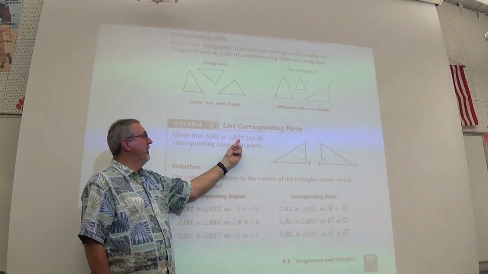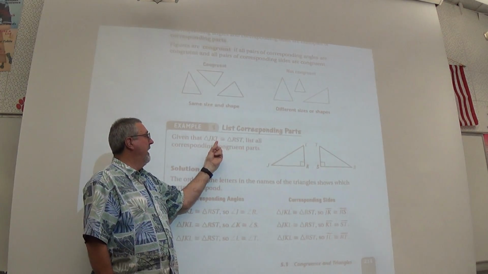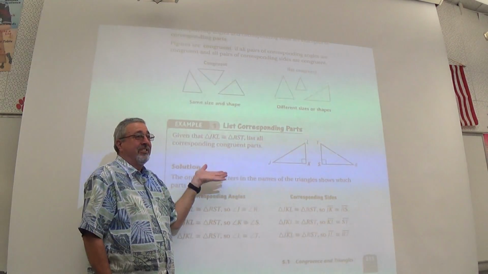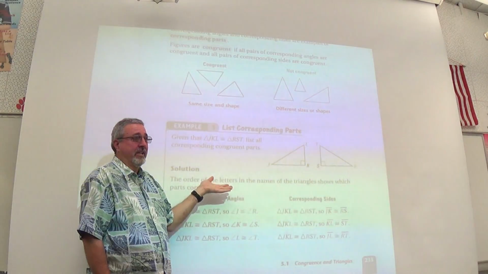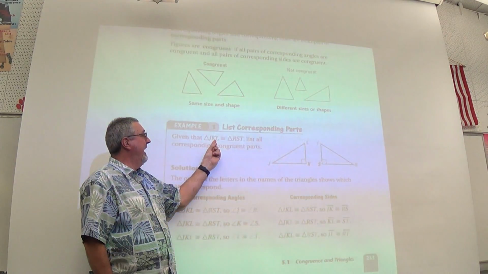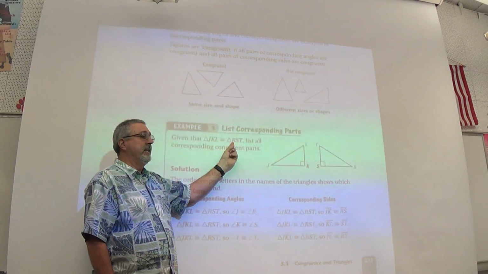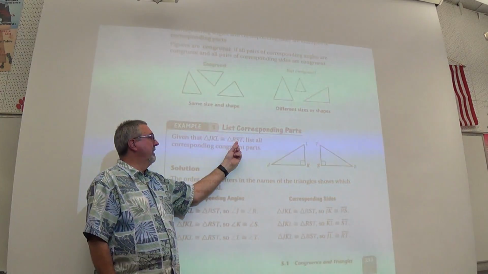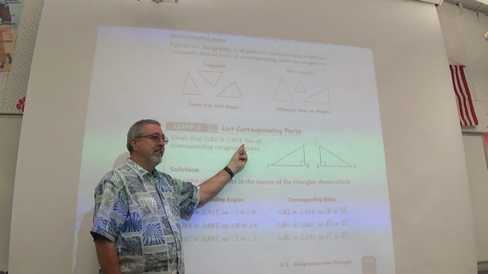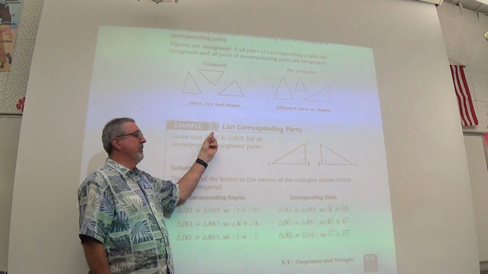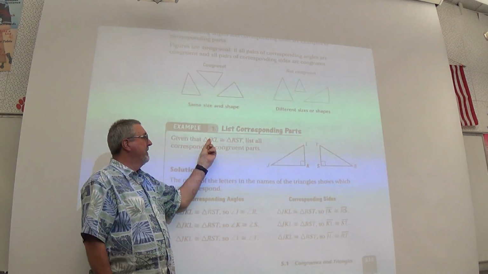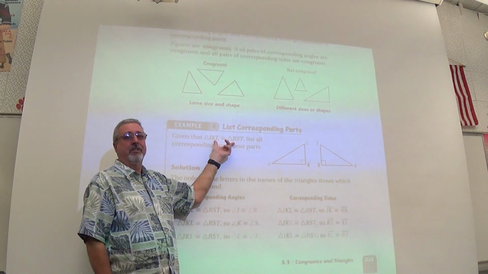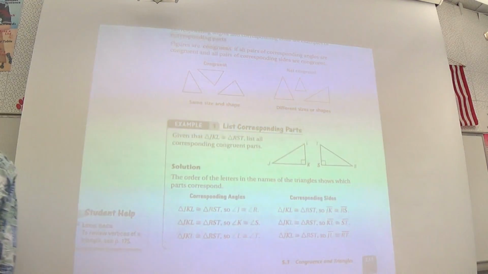Angle K is going to be congruent to angle S. And angle L is going to be congruent to angle T. At the same time, the sides are going to be listed the same. So side JK is going to be congruent to side RS. Side KL is going to be congruent to side ST. And side LJ, because it wraps back around, is going to be congruent to side TR, just by looking at the way they have these labeled. So they have to be in corresponding order.